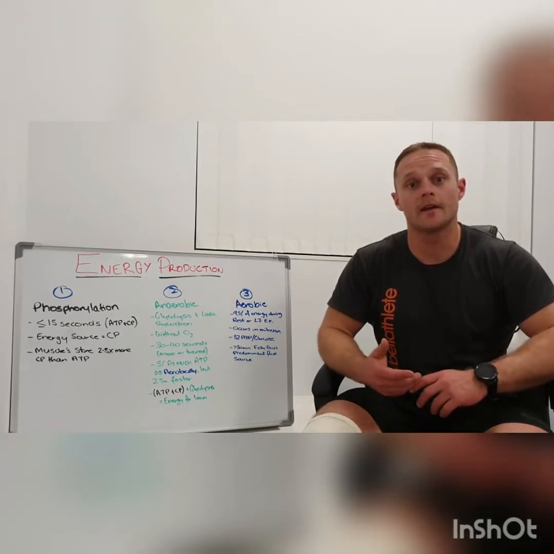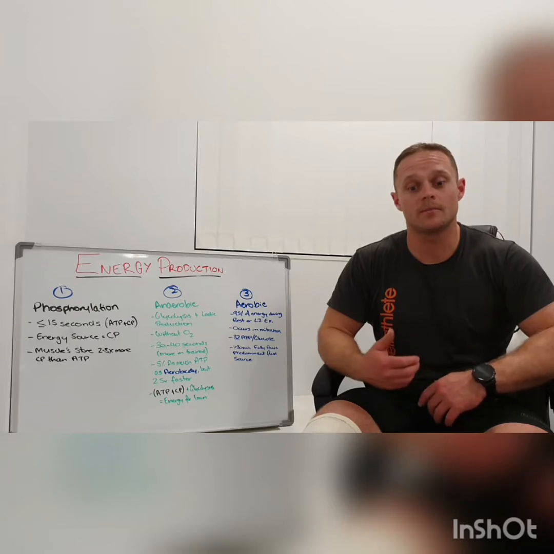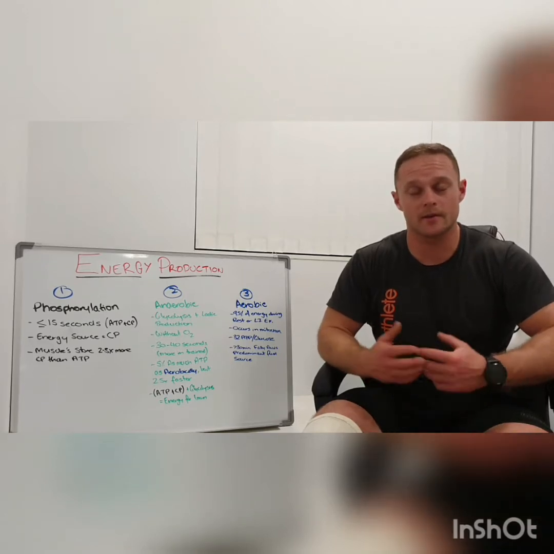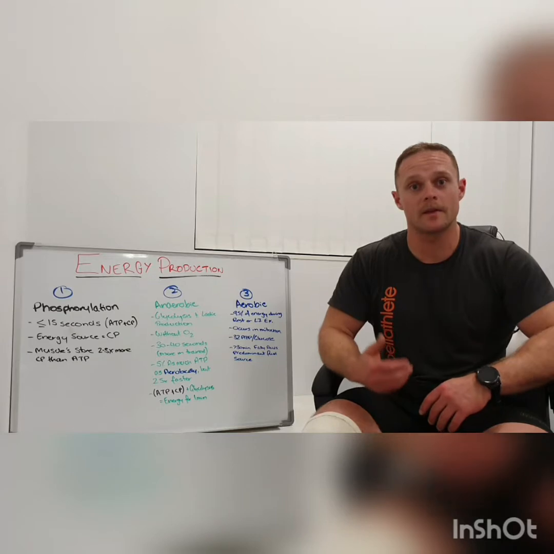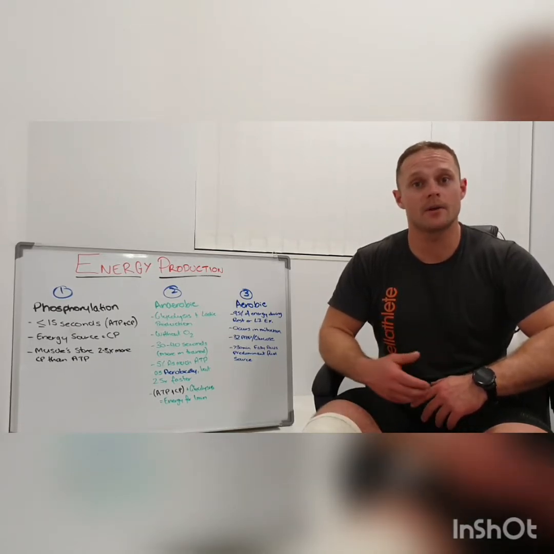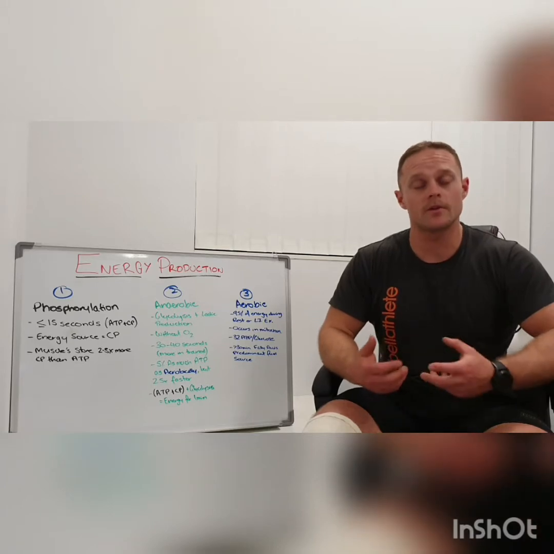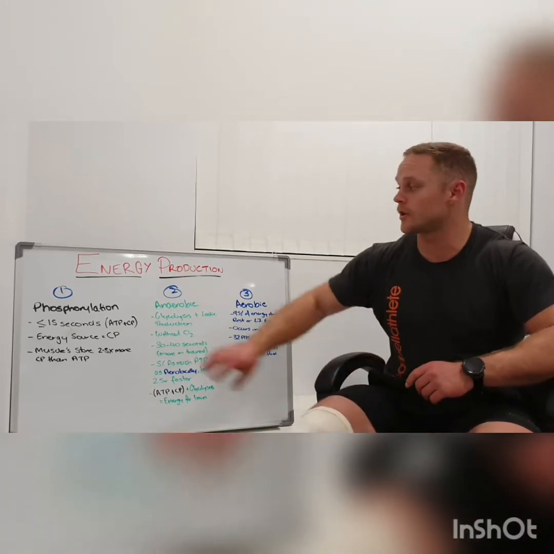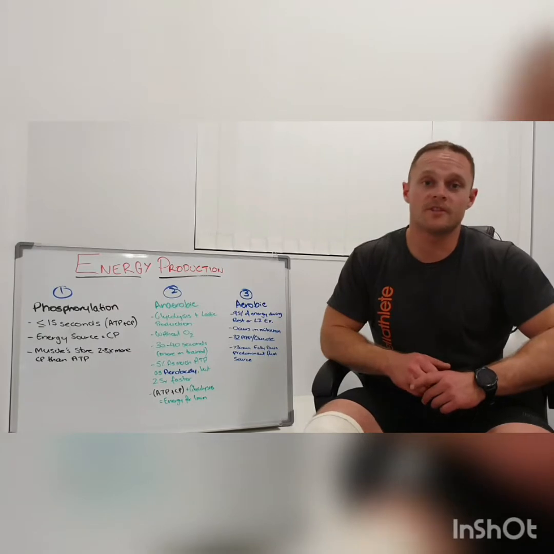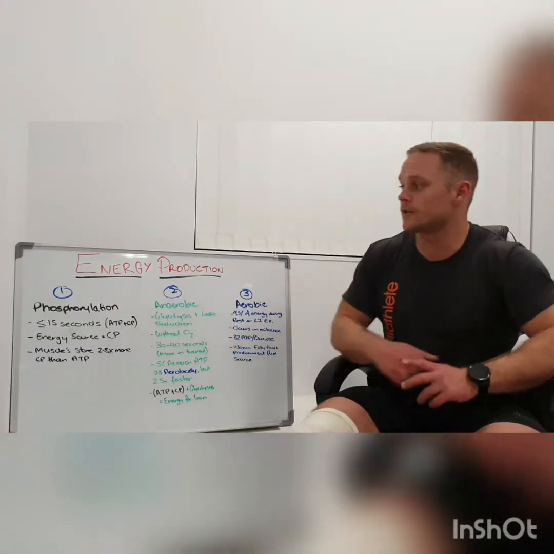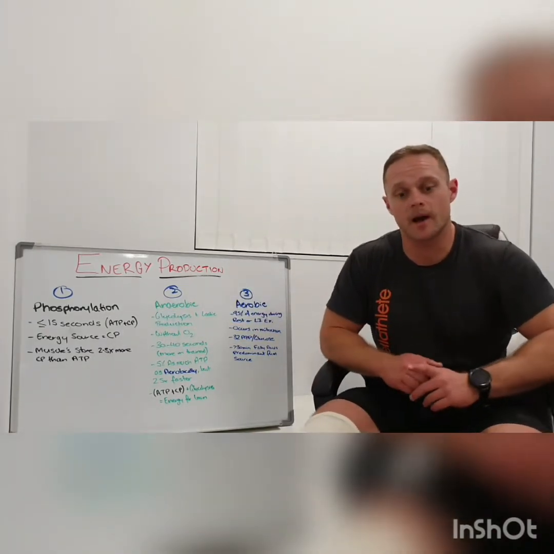And this is why supplementing with creatine, or phosphate creatine, whatever you want to call it, is so beneficial, because it increases the amount of creatine phosphate available for our bodies to use. So if we're looking at creatine phosphate supplementation, we're trying to improve performance in those 15-second bursts.